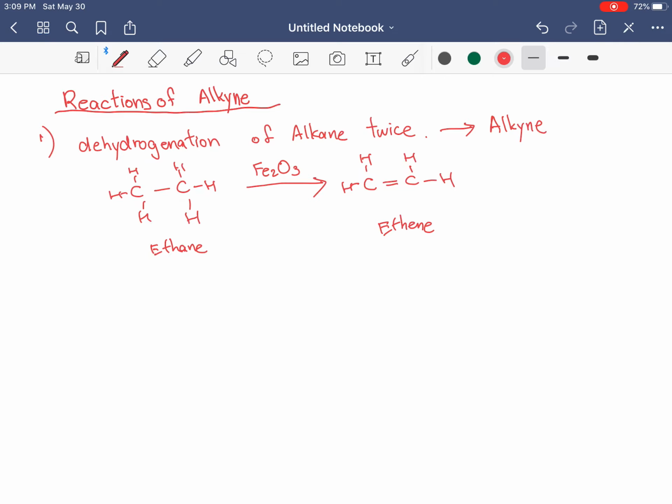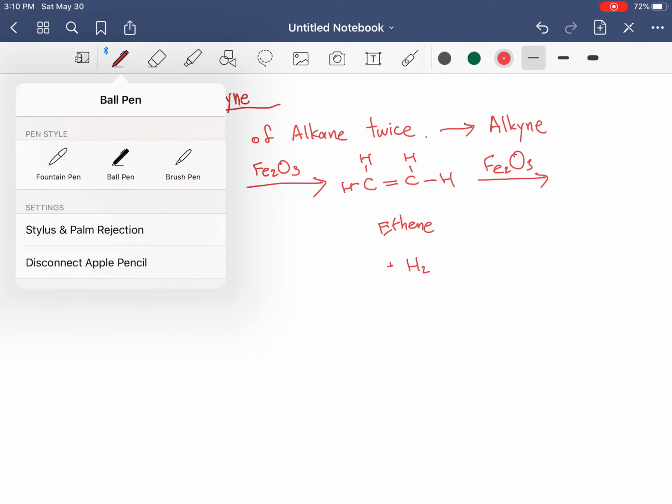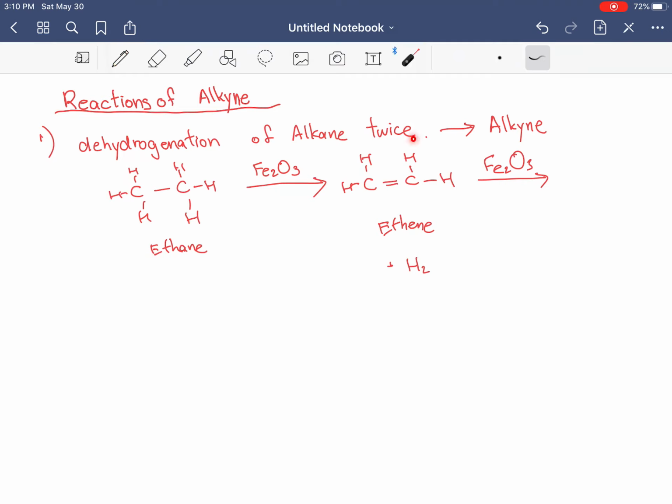Now let's say you didn't let this reaction stop. You are going to keep the ball rolling. This is what's going to happen. These two hydrogens say, since this reaction is happening, we're not being fished out of the reaction vessel. Oh, you know what? Let's get together here. Plus H2. We're going to make another H2.